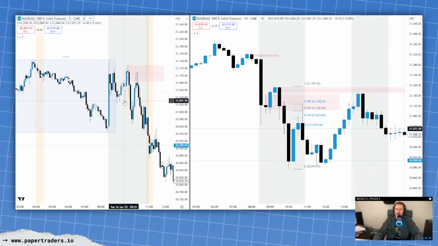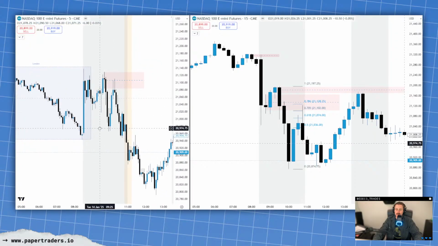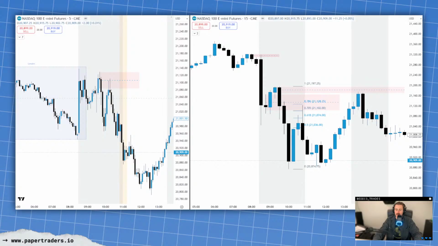Another Timmy sandwich right here. Right, you can outline this candle right there. Sure, full range. It's that Timmy 786 sandwich. Dead top. Yeah, yep. It's a solid Timmy sandwich.